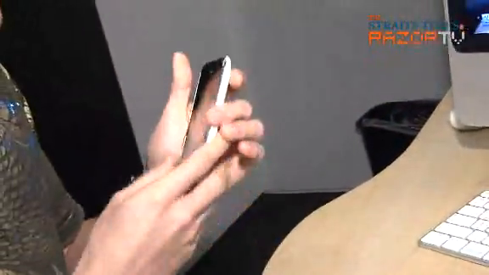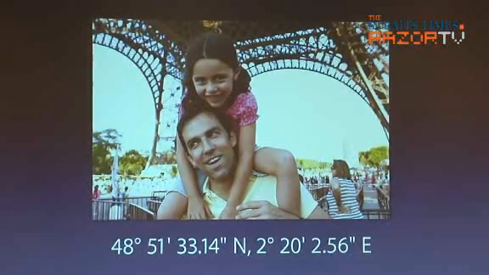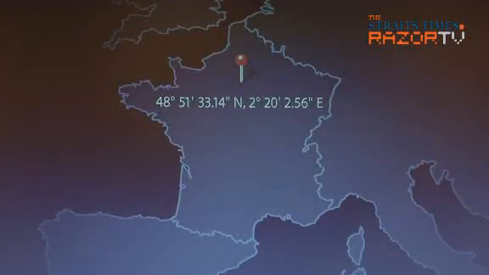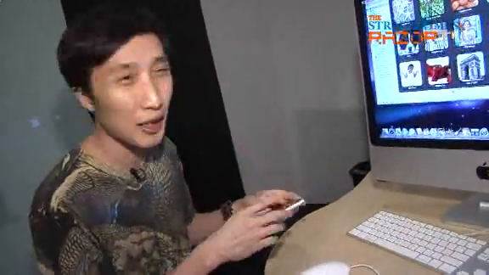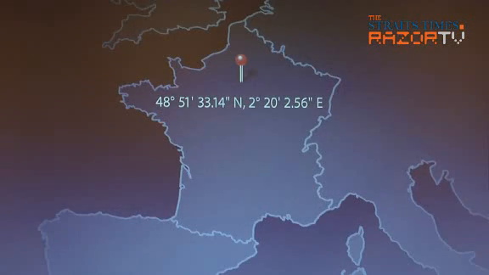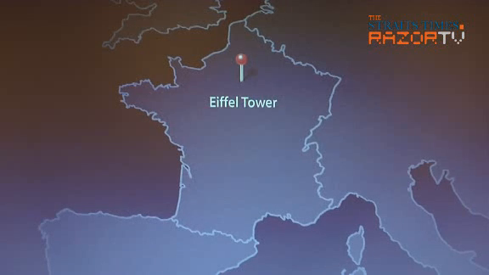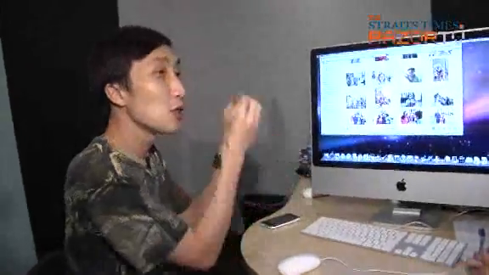So every time you take a picture, it embeds a complex piece of information, like 58 degrees, 11 minutes, 11 seconds north. That information, while not really useful by itself, when you put it into iPhoto, it will recognize that this is a popular location and will try to give it an ordinary sounding name. So you could then group all the pictures that you've taken in one location into one place.